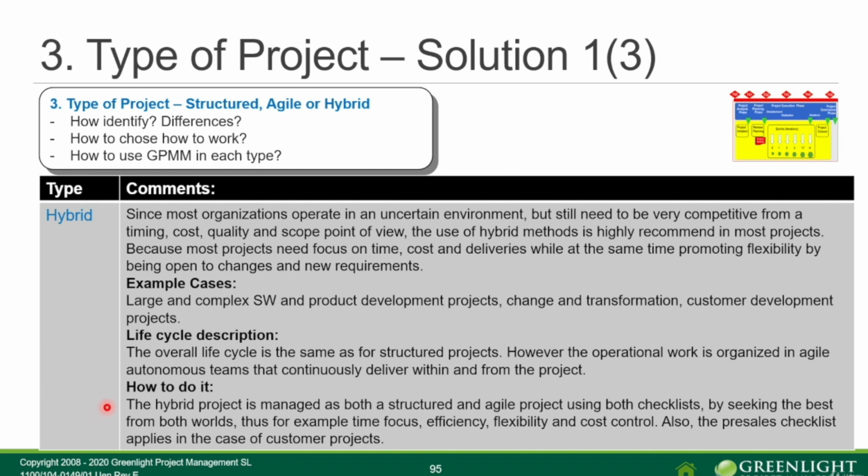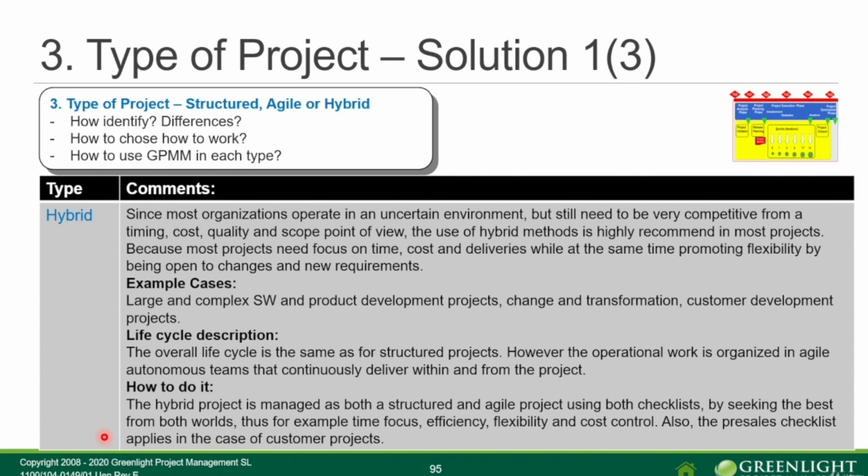So here, to manage this, we will consider everything we have from a structured project and a checklist for that, but also the agile ways of working. Because like that we can probably get the most value out of it, the best flow through the organization, but still have good control over costs, communication, the scope in general, everything.